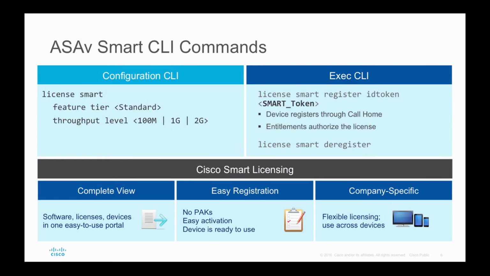When I talk about licensing, you have the smart licensing model available, and we support BYOL. If you need to license your ASA, you just go to your smart portal, generate a token, and add that token onto the virtual appliance running in Azure.